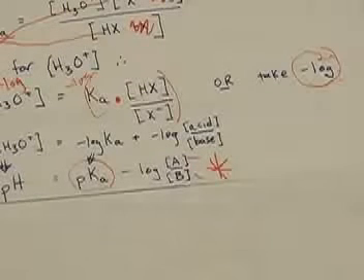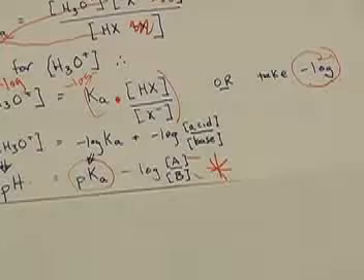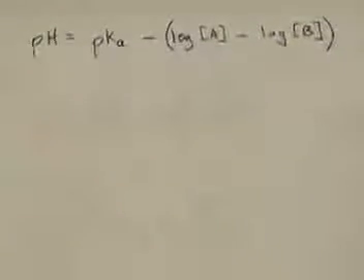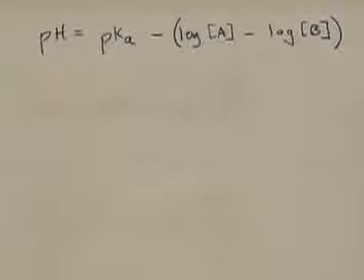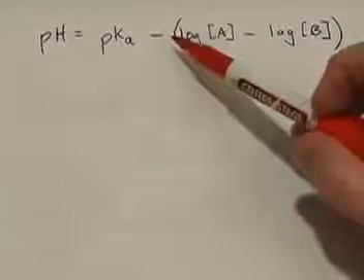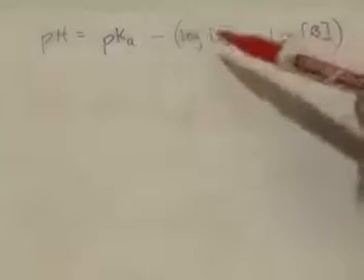Now, the equation sheet on your AP exam actually takes this equation one step further. We were at pH is equal to the pKa minus the log of the acid divided by the base.